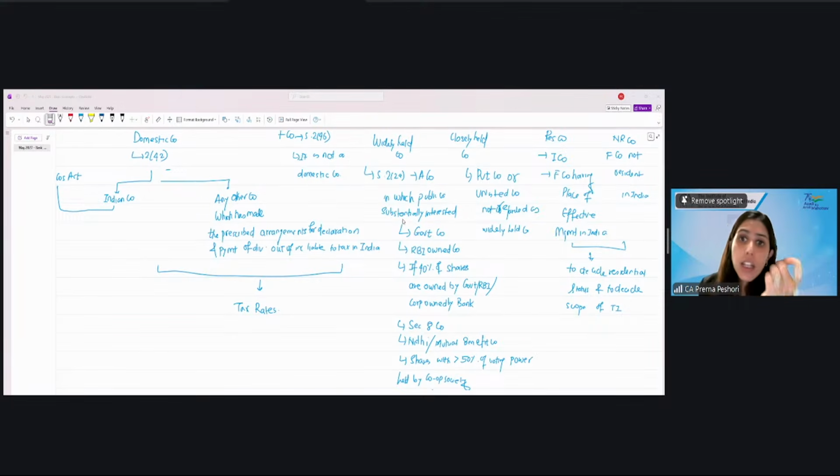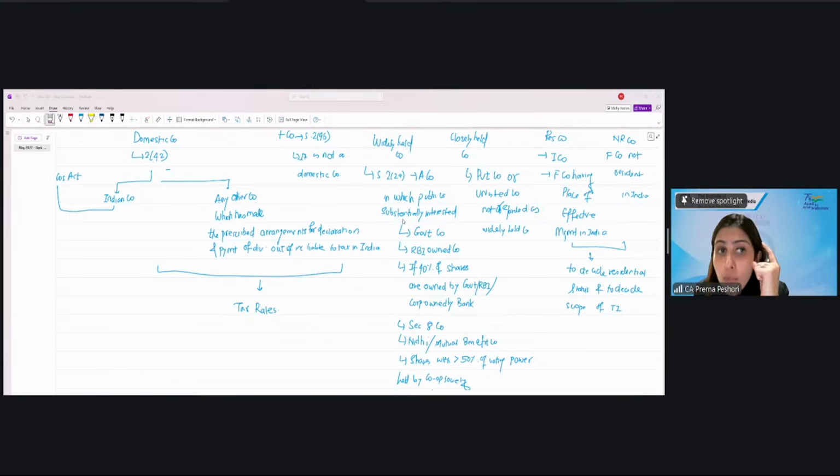Now again, it is a very thin line. If I am a trader by nature, if trading in shares is my day-to-day business, then it is the revenue receipt. But if I am carrying the shares as investment with the motive of making long-term investments, earning the return from that, and even then if I am selling it, it will be capital gain.